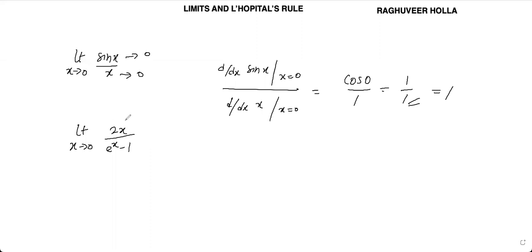We differentiate the numerator and the denominator with respect to x, and then apply the limit. d by dx of 2x is 2, and since we don't have any x term, we need not substitute here. The denominator becomes e to the power of x at x equal to 0, so that will be 2 by e to the power of 0, which is 2.